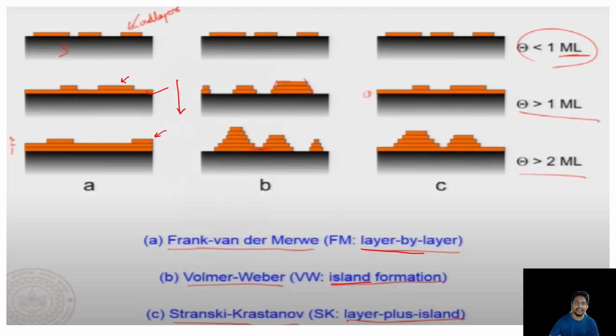But in case of island formation, it depends on the interaction: if the atom-atom interaction is much higher than the atom-surface interaction, then island growth happens.